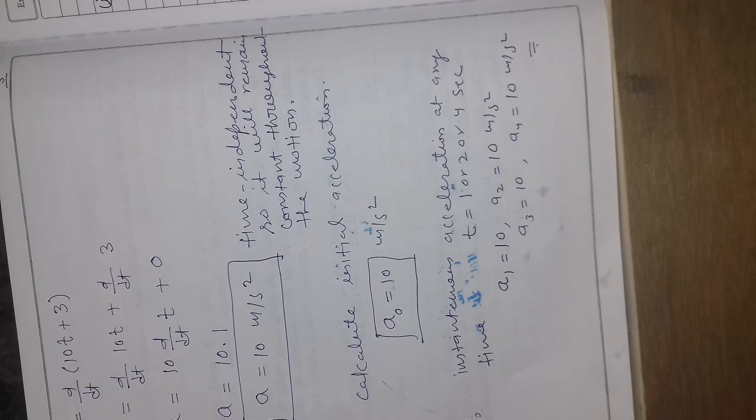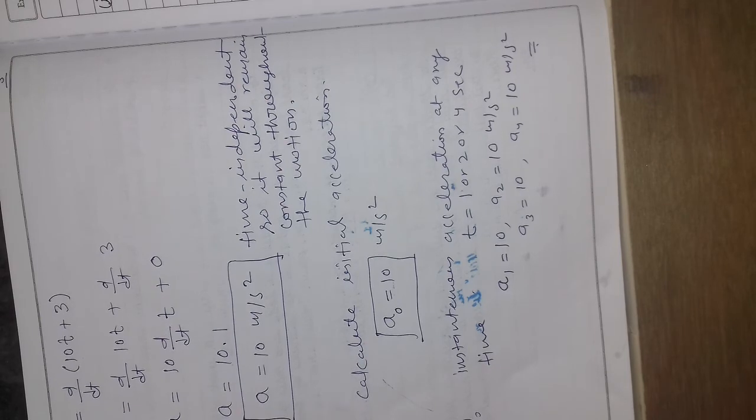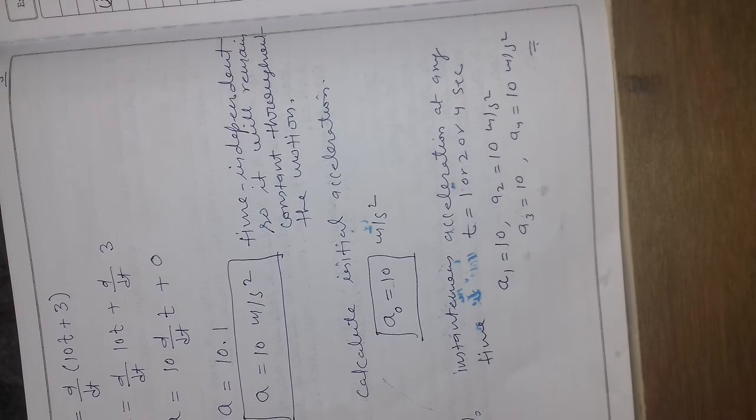In part G, you have to calculate the initial acceleration. You see the acceleration of the particle is 10 meter per second square, which does not have time. So for any value of time, either it is 0, 1 second, 2 second, 3 second, 4 second, your acceleration would be same.